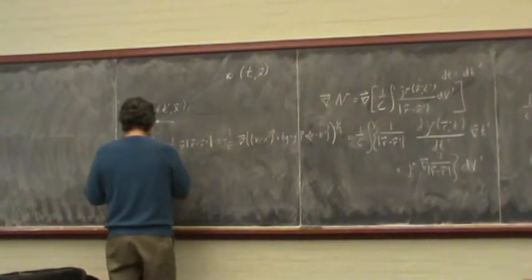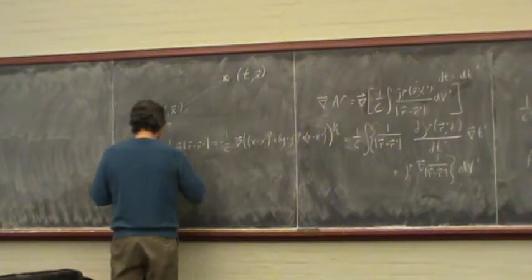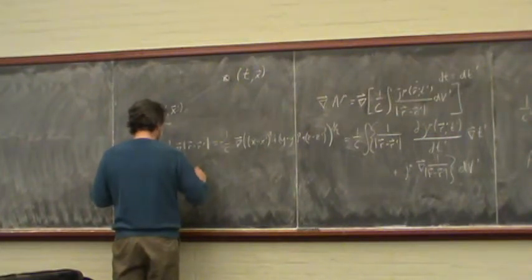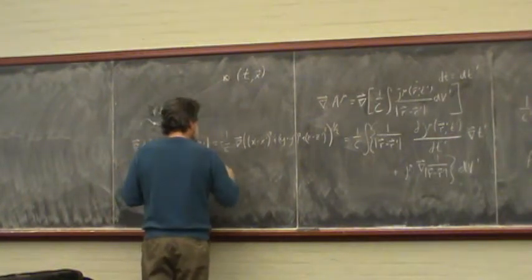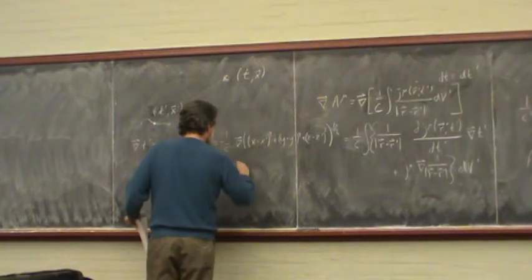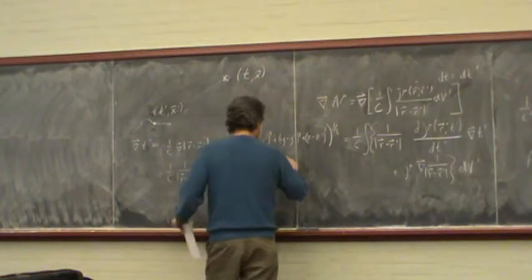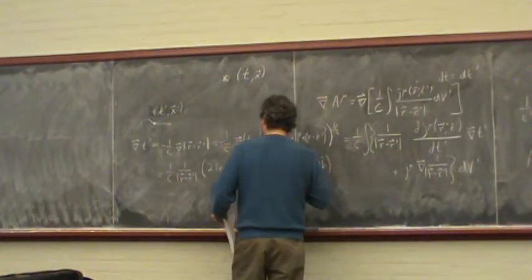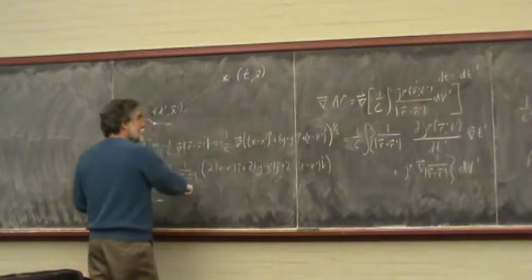That would be 1 over c, 1 over r minus r prime, times 2 x minus x prime i plus 2 y minus y prime j plus 2 z minus z prime k. Got my 1/2. I took my derivative and ended up with that.